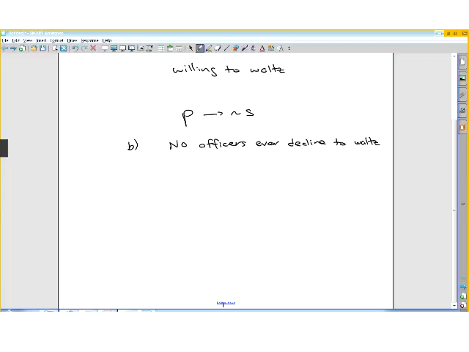No officers ever declined to waltz. Another way of doing this, you would say if one is an officer, then one is willing to waltz.